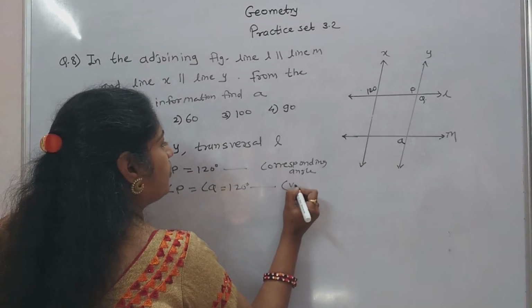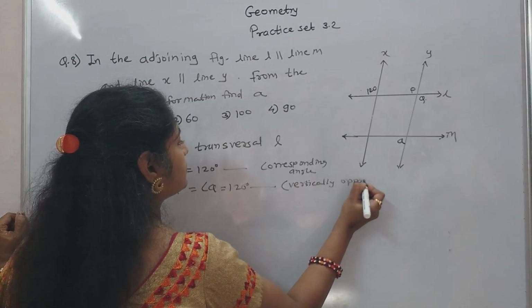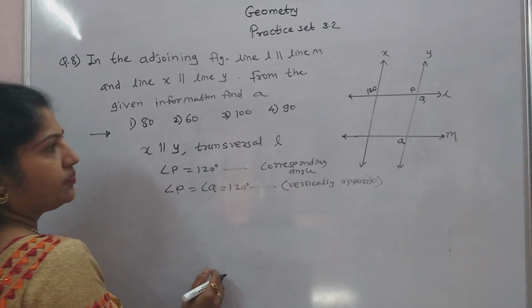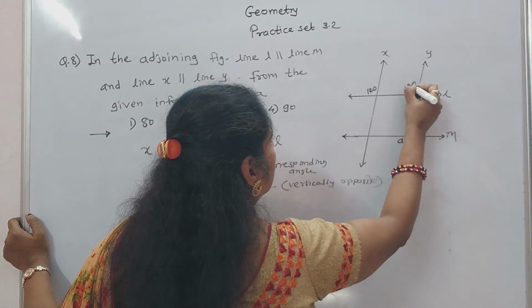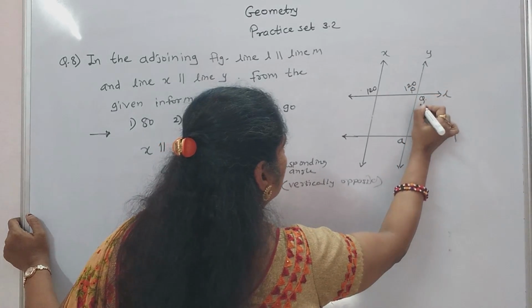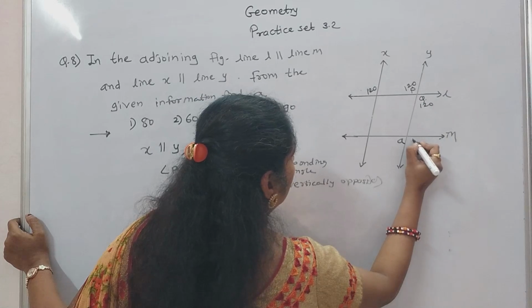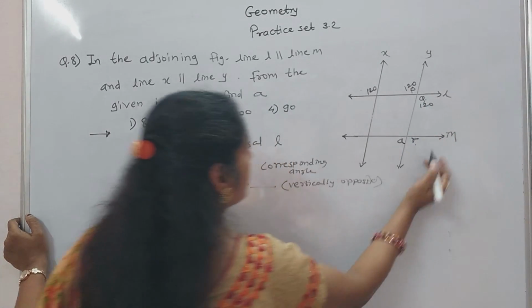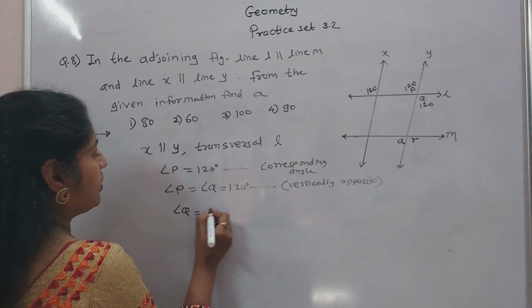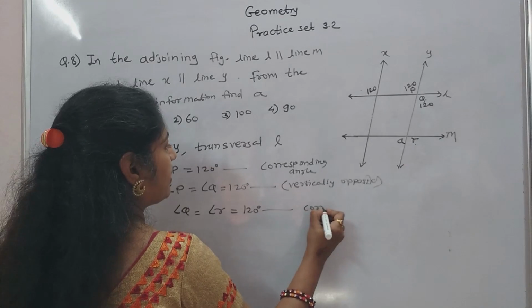Reason is vertically opposite. Now this is 120, corresponding angle. P and Q opposite angle 120. Now I take here R, angle R is 120, and angle Q equals angle R equals 120, corresponding angle.